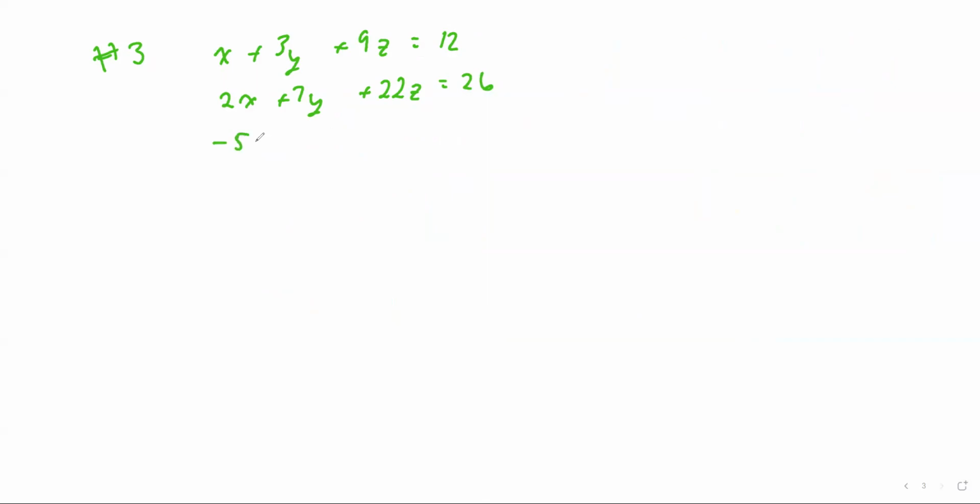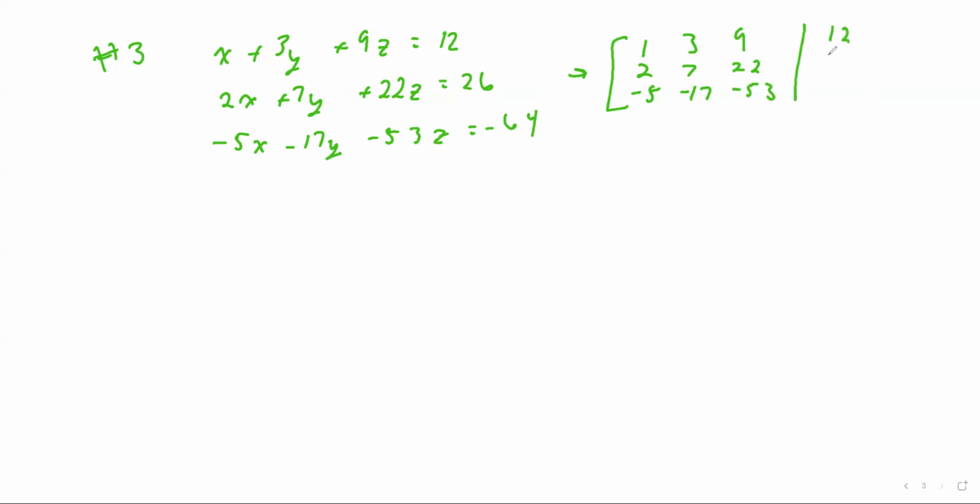And let's say this is -5x minus 17y minus 53z equals -64. All right, so once again, our goal is to turn this into an augmented matrix. So by doing so, this just becomes 1, 2, -5, 3, 7, -17, 9, 22, -53, and then 12, 26, -64.